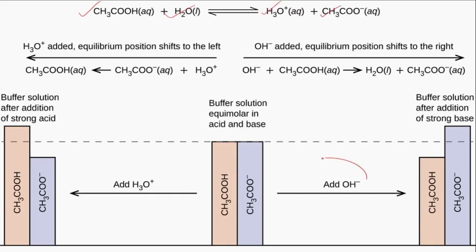And if we add more base, then the total amount of the acetic acid will be decreased while the acetate ion will be increased. And if we add more acid, the total amount of the acetate ion will be decreased and the total amount of the acetic acid will be increased. So this is the buffer solution's function.